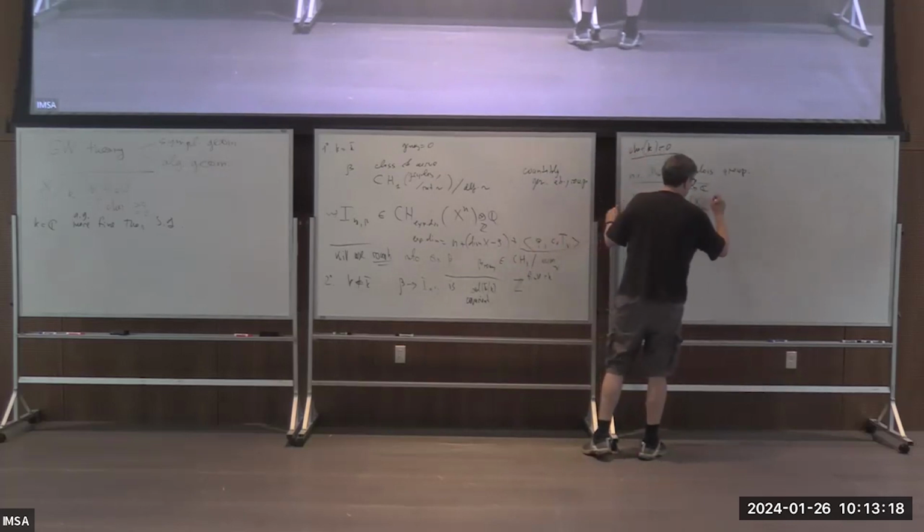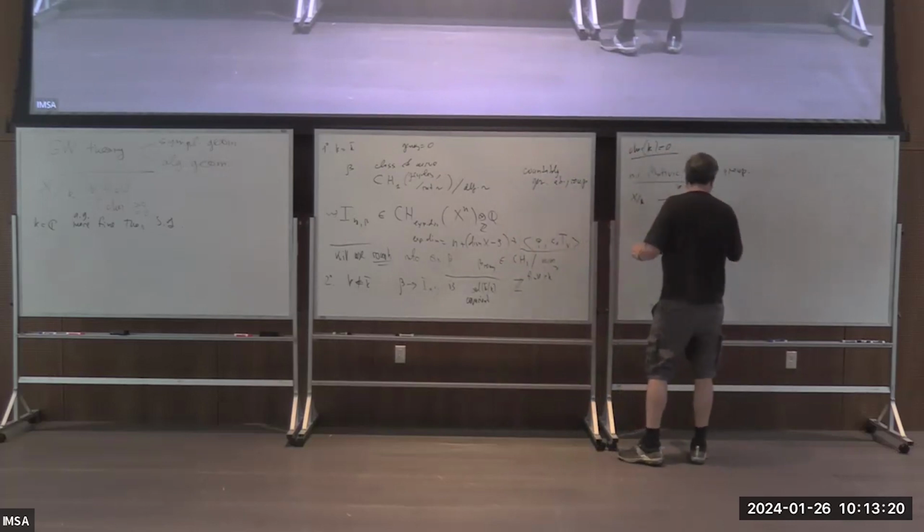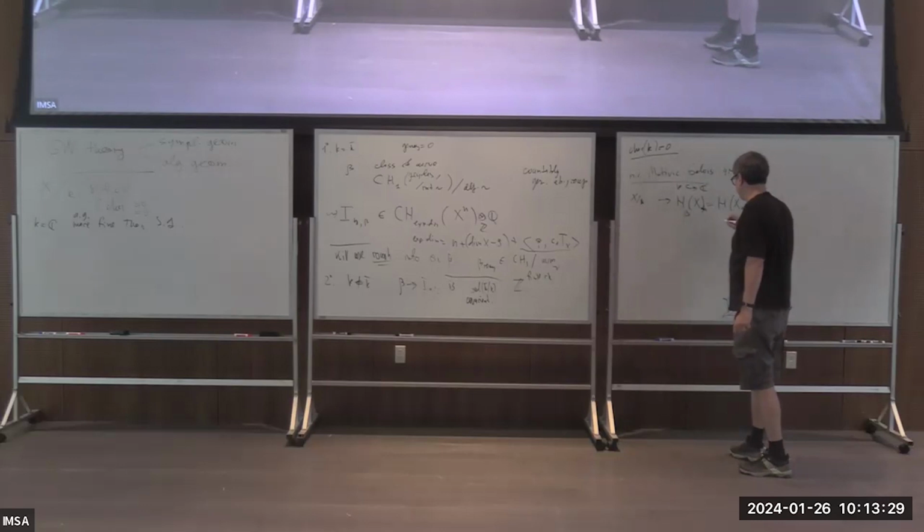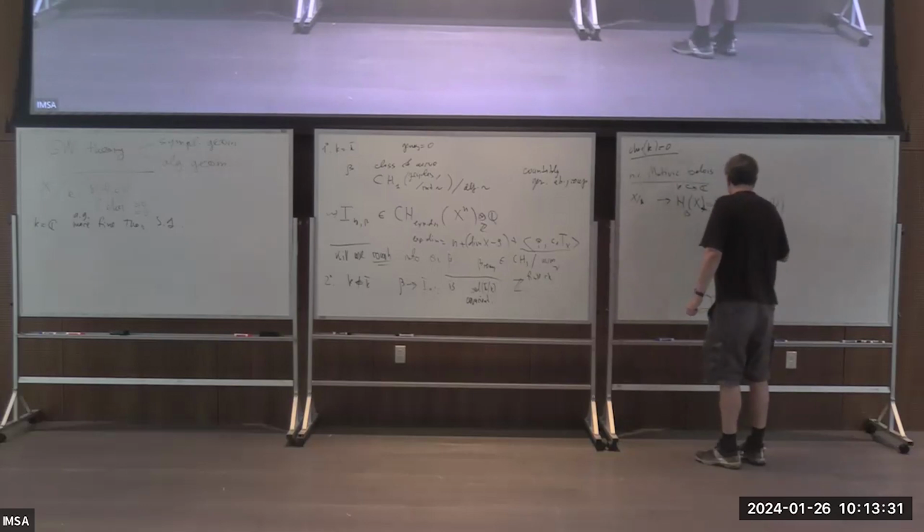X beta, a variety. I consider the rational vector spaces, rational super vector space.